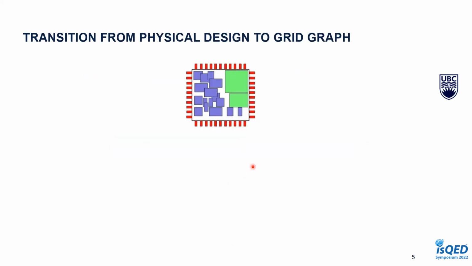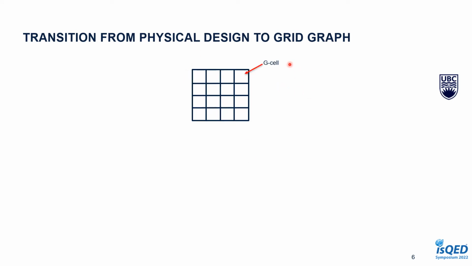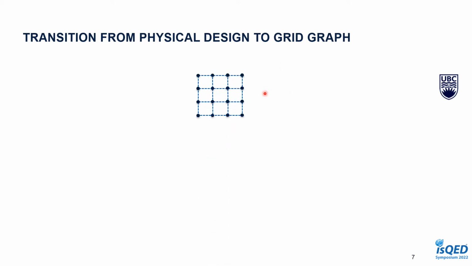And let's get into the feature extraction method. So to do feature extraction, we need to map a design into a graph first. And to do the mapping on a two-dimensional design, which only has one layer, it's very simple and straightforward. We put a grid on this design, and each tile is a G-cell. And here we have a graph. So each vertex is a G-cell, and there are edges between adjacent G-cells.